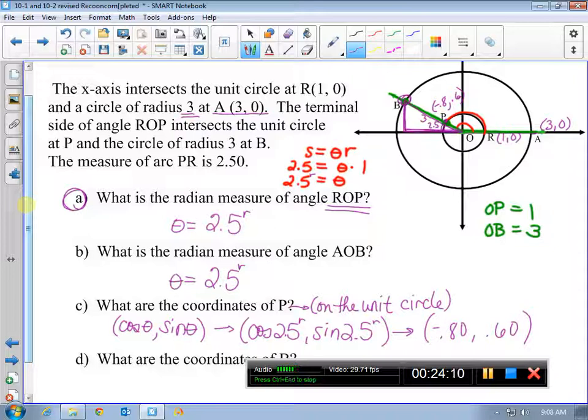So if I wanted to find the adjacent side, or x, the cosine of 2.5 equals the adjacent side over the hypotenuse. So I'm going to cross-multiply and say my x-coordinate is 3 times the cos of 2.5. And in this bigger circle, my y-coordinate is 3 times the sine of 2.5.